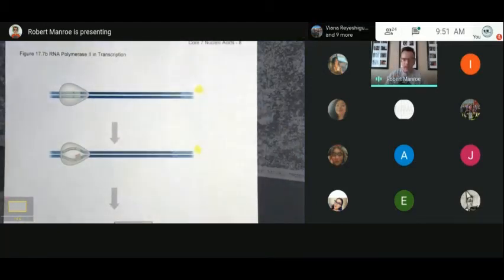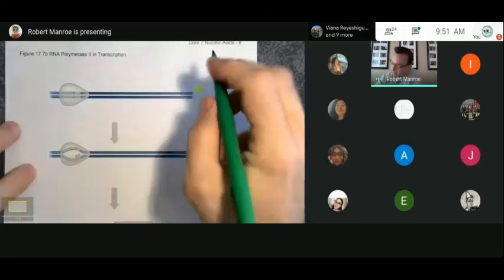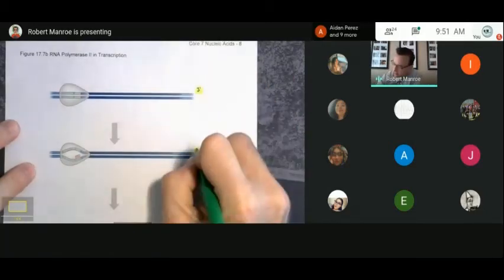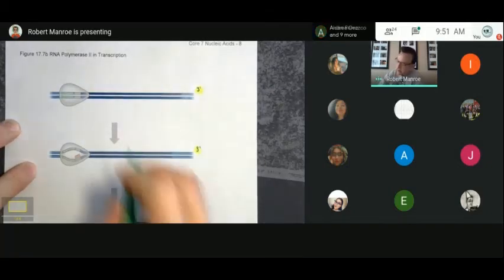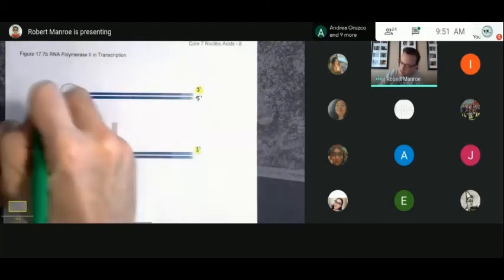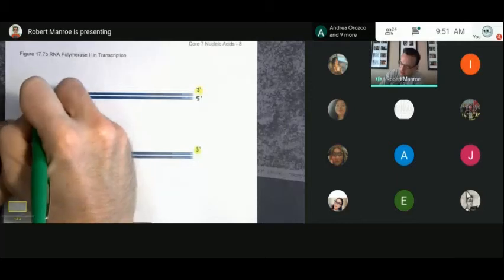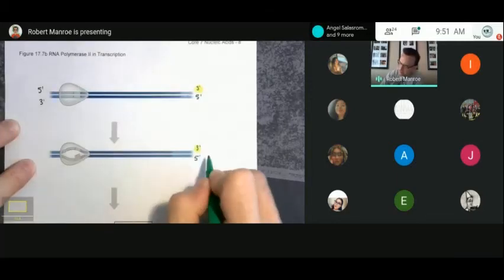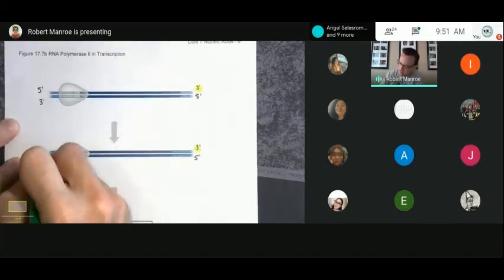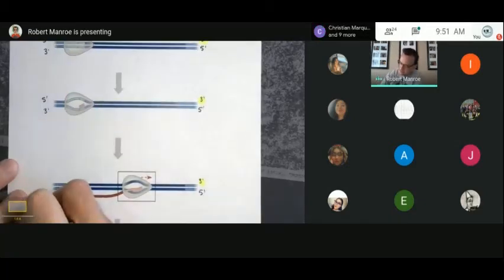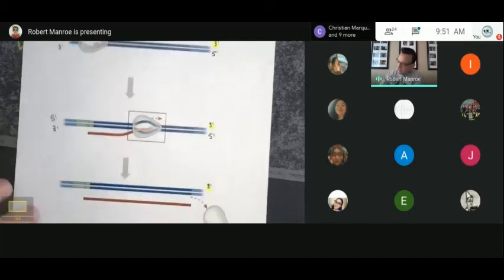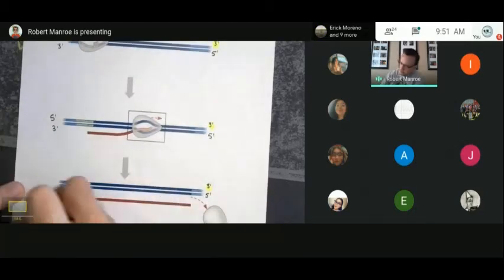Since these DNA strands are straight, there's no more 5' in the top right-hand corner. Okay, so 3, 5, 5, 3, 3, 5, and so on.